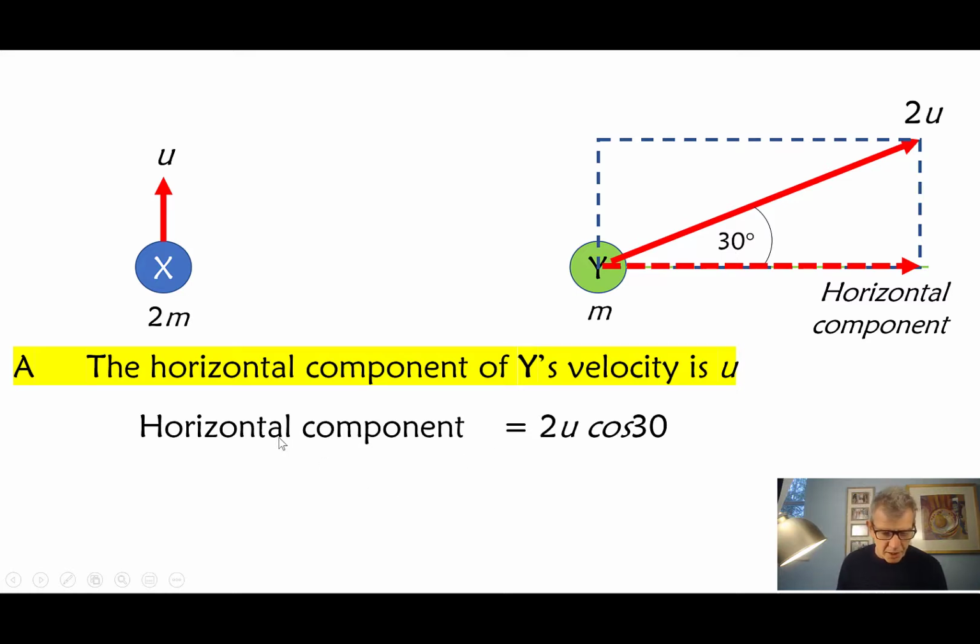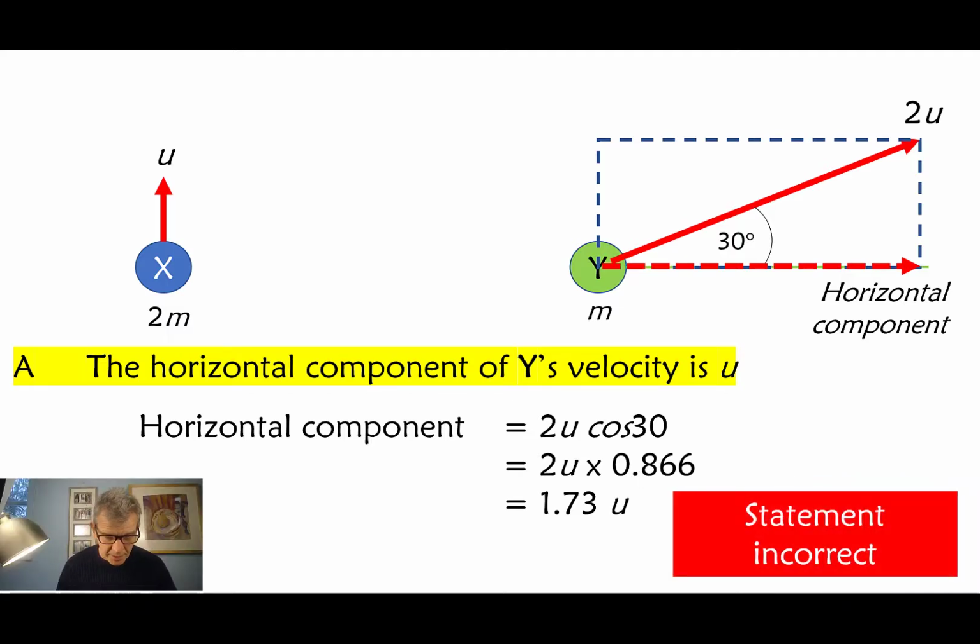So horizontal component is equal to 2u cos 30, and cos 30 is 0.866, and that comes out to be 1.73u. So that's a fairly simple one to immediately discount: the horizontal component of y's velocity is not u, it's 1.73u. So that statement is incorrect.